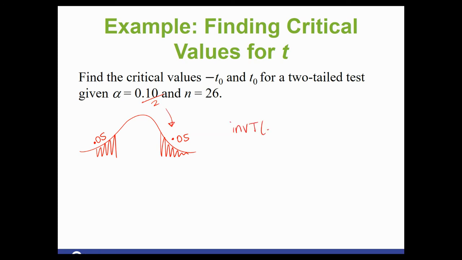So inverse T of 0.05, just one tail. And your sample size minus 1 makes 25 for your degrees of freedom. So inverse T of 0.05 and 25 gives you negative 1.7081. And it is two-tail, so we want both positive and negative.